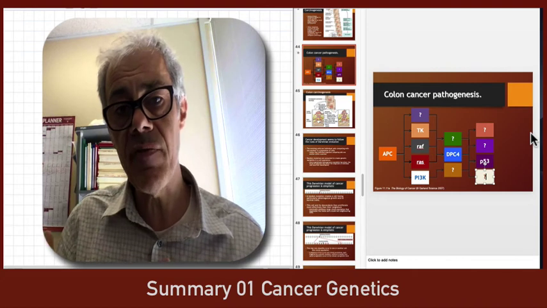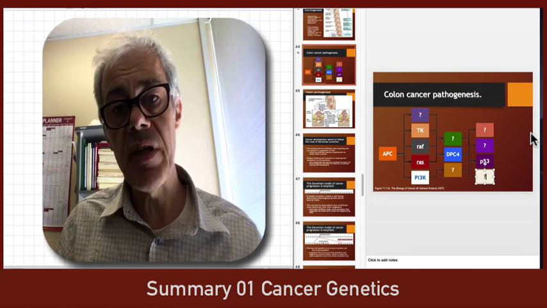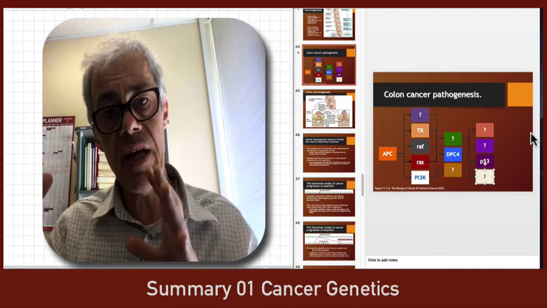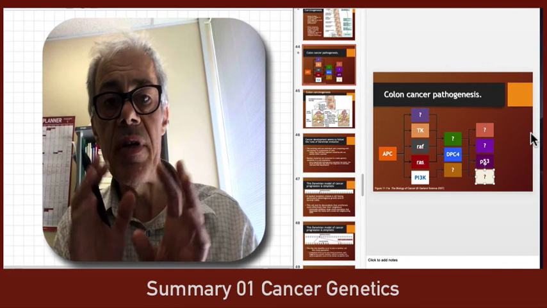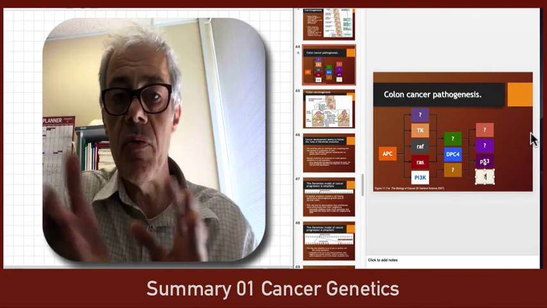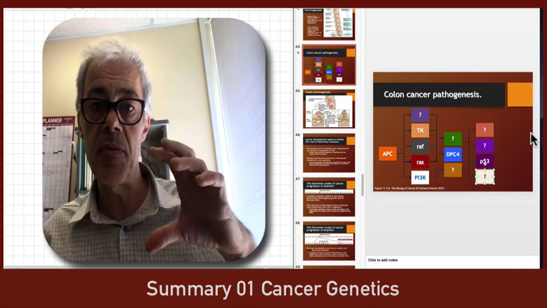Okay, so there's 35,000 genes in the genome. Maybe there's a couple of hundred that are particularly important for controlling cell growth, and out of that selection of a couple of hundred, there might be 10 or 20 that are more common within a cancer type, and a particular patient might have that subset of 10 as opposed to that subset of 10.